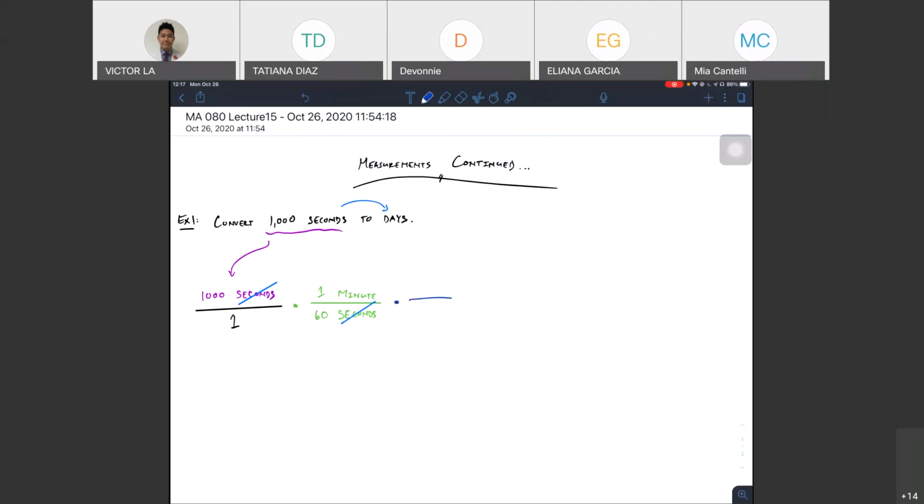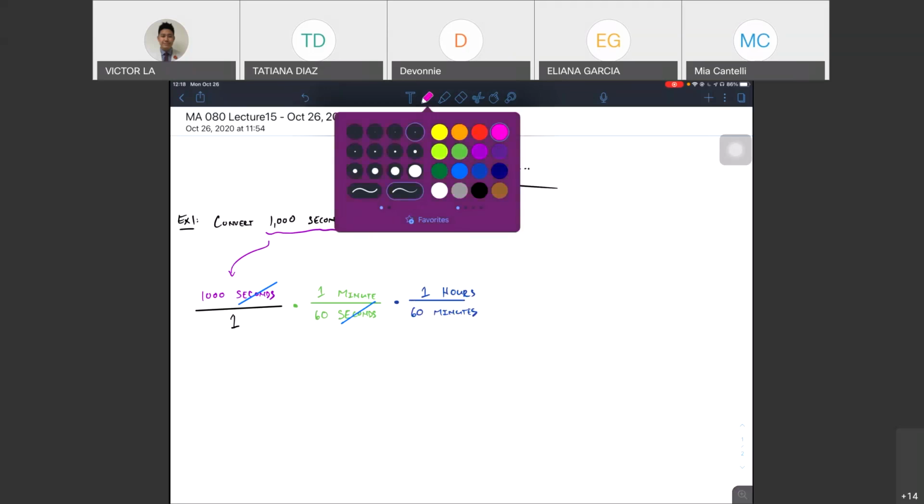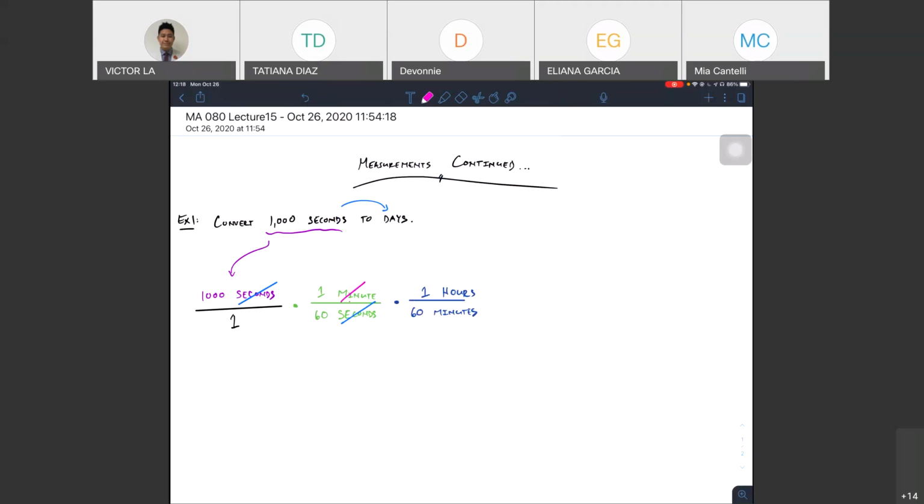So you just had seconds, you're now looking at your minutes. And then the next is hours. So again, you get 1 hour, 60 minutes. And then you get the same type of cancellation here. I know it's color coded here, but I'll do a double slash so people can see.